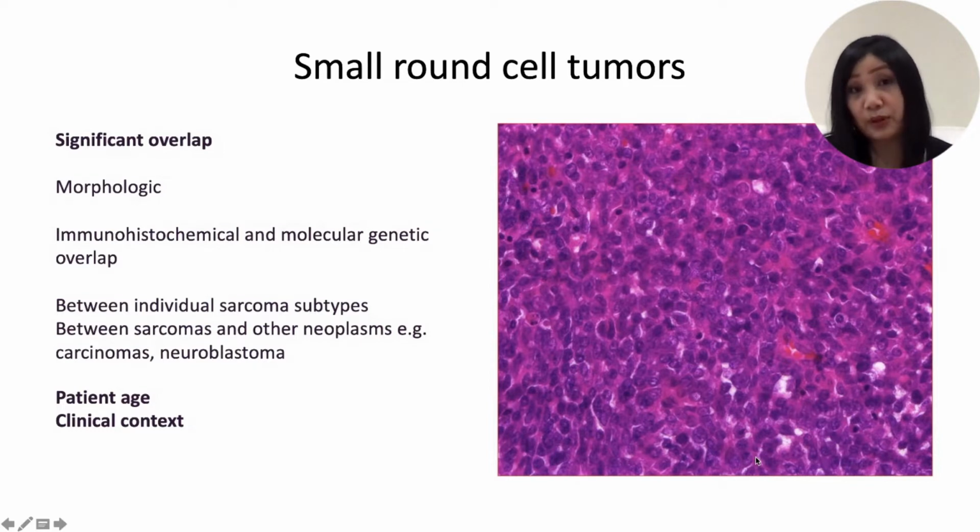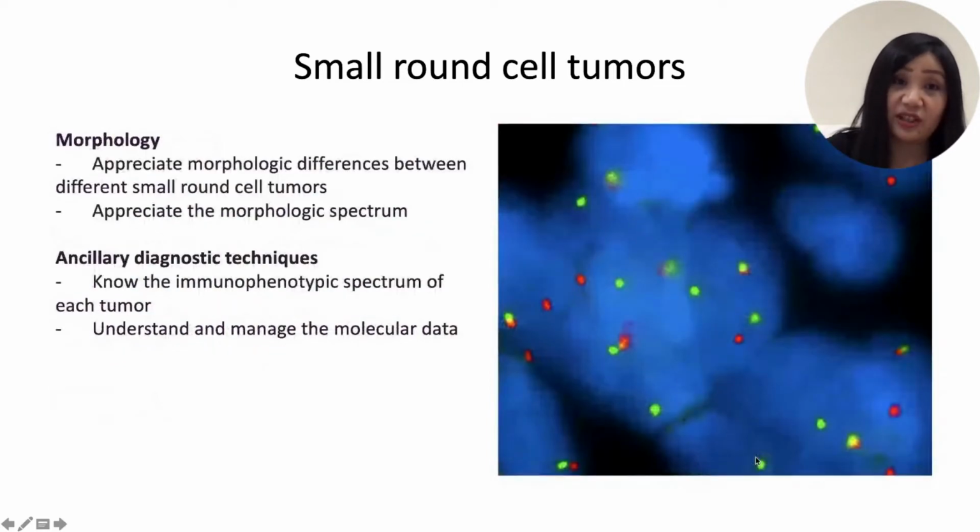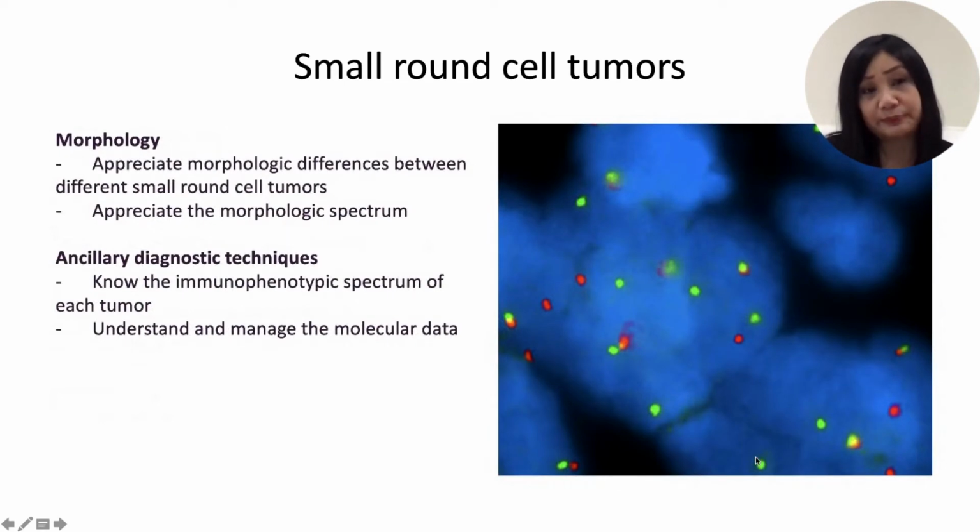And one of the most important factors, as we know, is patient age. In this talk, hopefully, because most of us are diagnostic pathologists, and the majority of us do not have access to easy molecular genetics laboratories, or particularly any of the high-tech antibodies, the aim here is for us as diagnostic pathologists to be able to classify these as accurately as possible on morphology and on the standard immunopanel.